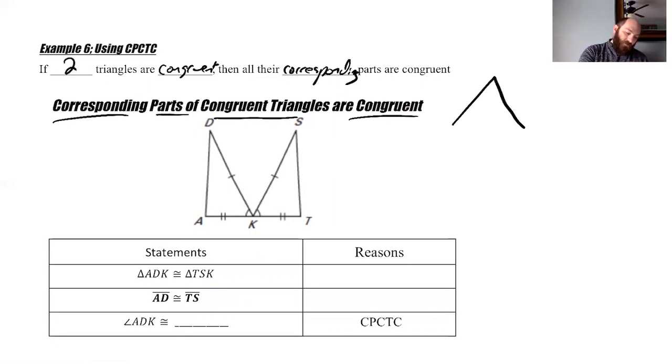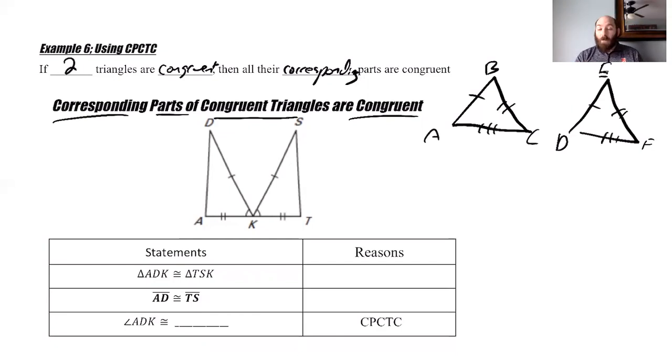Let's say I have triangle ABC and triangle DEF. Okay, and let's say I can say that these are congruent and these are congruent and these are congruent. So based on this information, I know that the two triangles are congruent because of side, side, side.